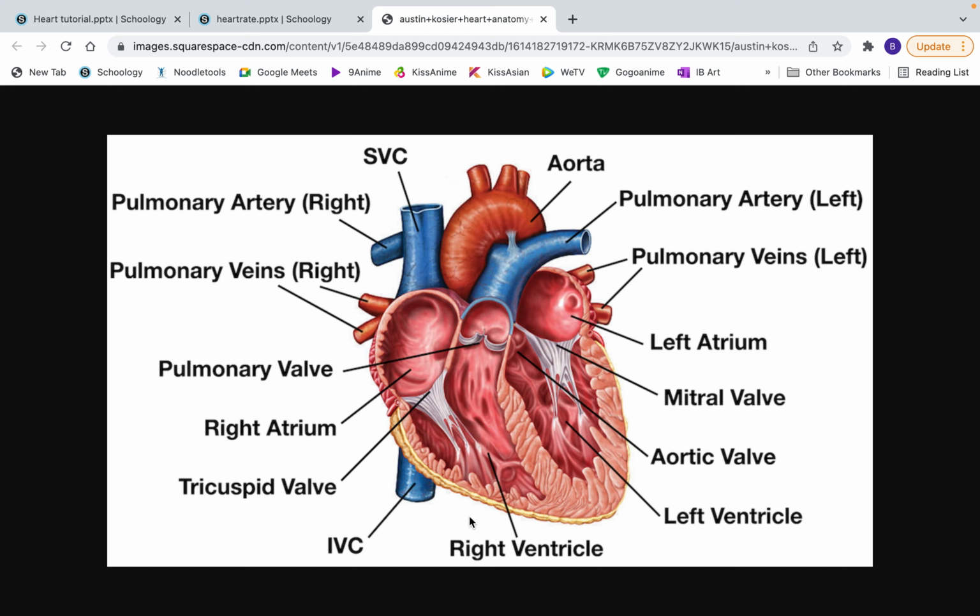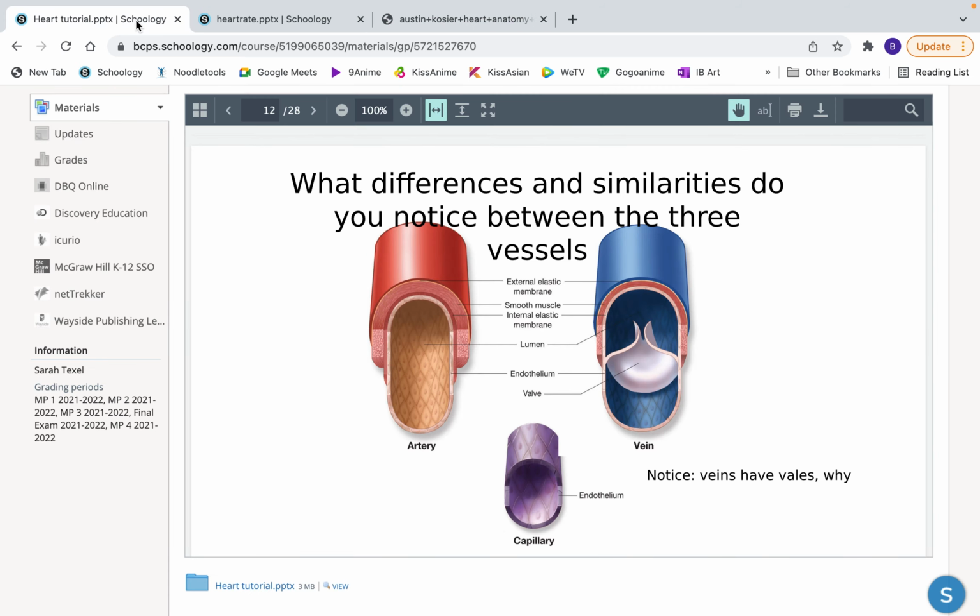They don't need to push the blood as far. Instead of sending it all the way to the lungs or all the way to the body, they're just sending it from the atria down to their respective ventricle. But the ventricle has a much tougher job. So they have a lot of muscle mass there, and they are going to put those arteries under a high pressure because that push of that blood is going to be so strong.